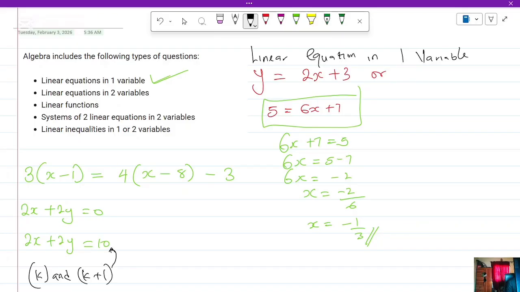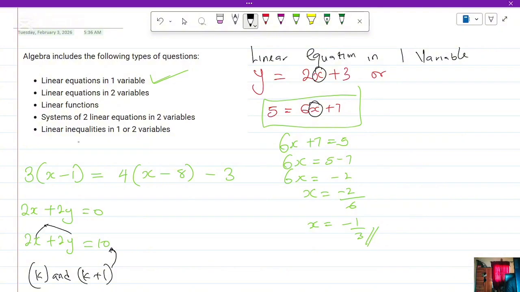So that is what we mean by linear equation in two variables. So linear equation in one variable implies that you are only given one variable in that equation. It can be in terms of y, it can be in terms of x, or in terms of any variable that they want. But when it comes to linear equation in two variables, it will come in two variables directly.